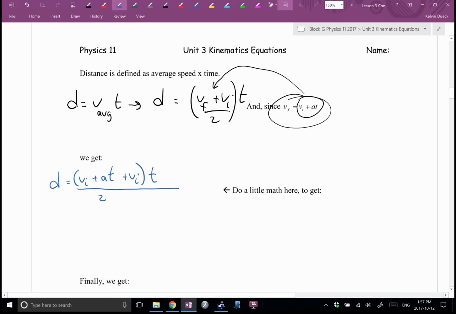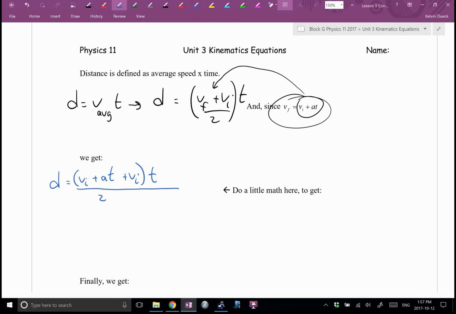Pause for a moment and see if you can follow my reasoning. And again, let me emphasize, I'm not going to ask you to reproduce this on a test, but I'm enough of a nerd, I want to show you where it comes from. So, I replaced this VF from an equation that we already derived, with VI plus AT from another equation I already derived, and I got that. In brackets it says VI plus AT plus VI. Hey, I have a VI plus VI.